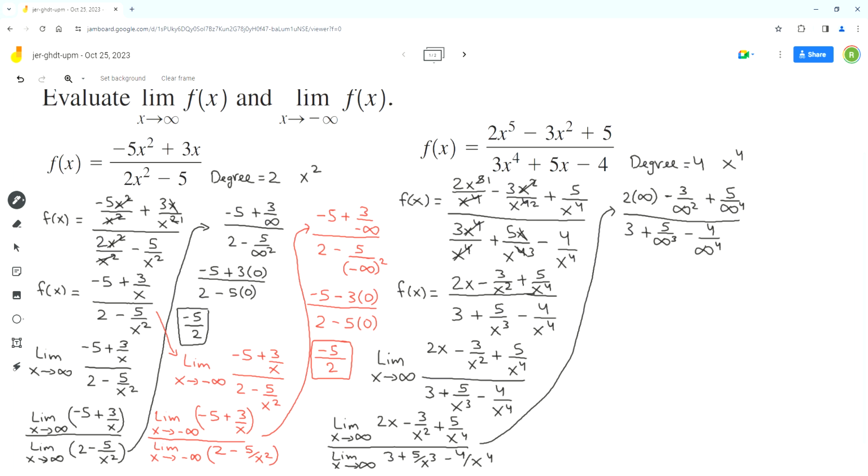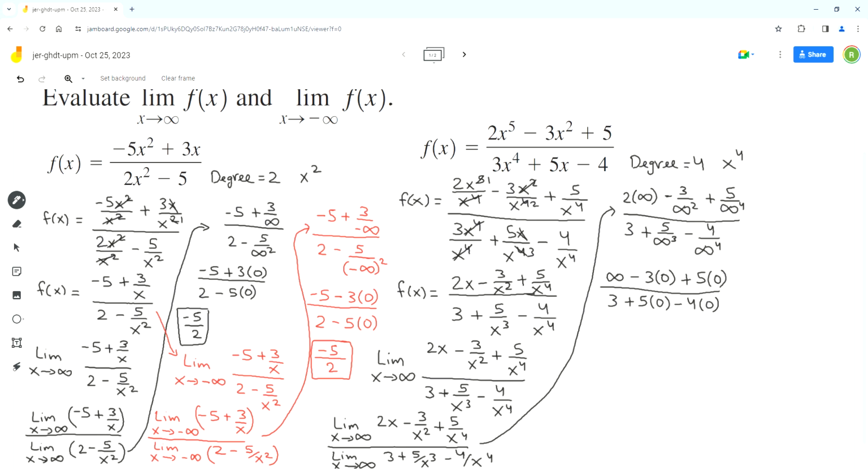So now in the numerator, 2 times infinity will just be infinity, and then minus 3 over infinity squared, and since infinity is in the denominator, it's basically 3 times 0. And the same with the last term in the numerator, so we get 5 times 0, over 3 plus 5 times 0 and then minus 4 times 0.